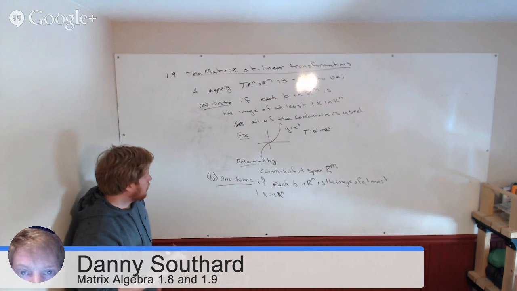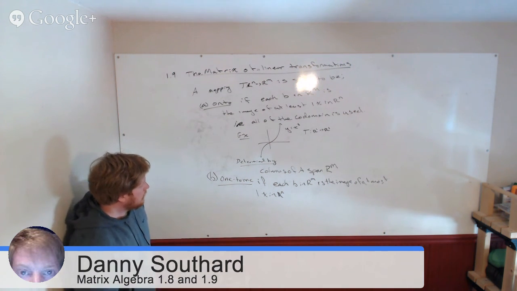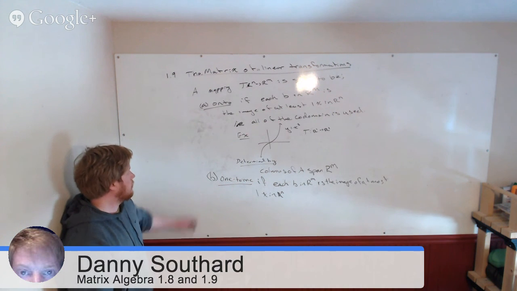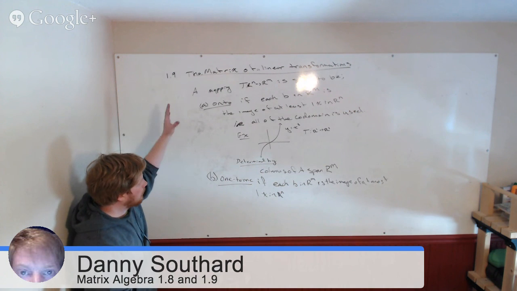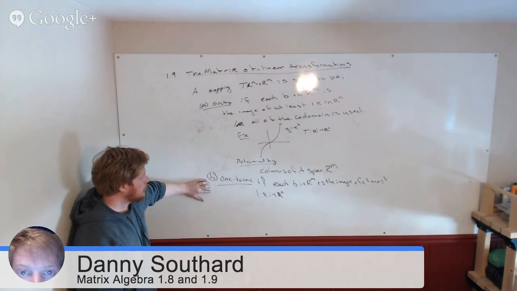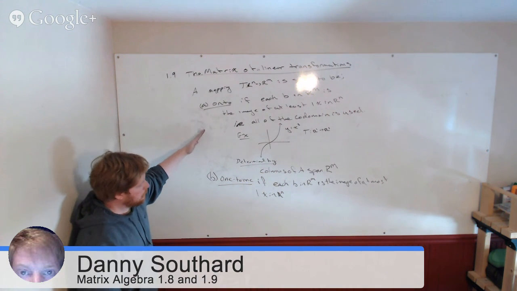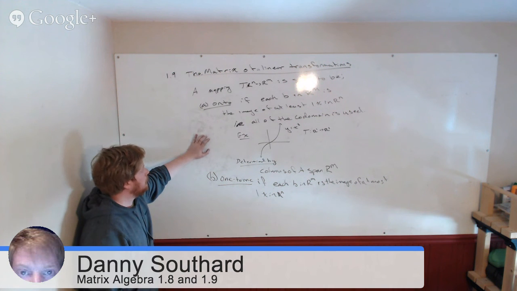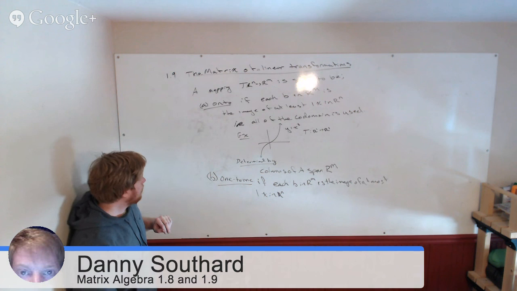So one-to-one if each B in Rm is the image of at most one X in Rn. Here onto is sort of like coverage. Are we covering all of the codomain? And here, does only one domain value go to a specific codomain value?